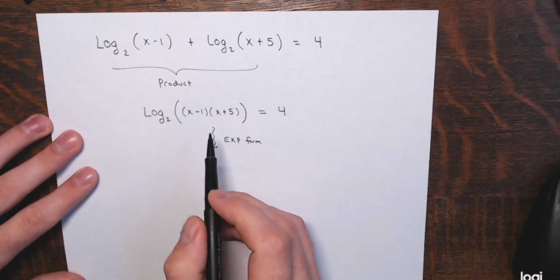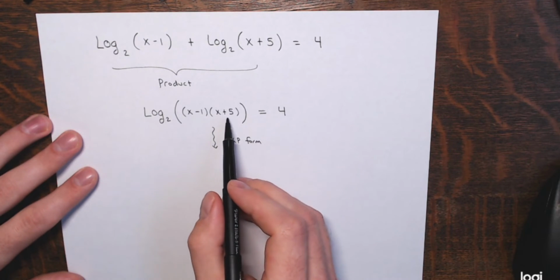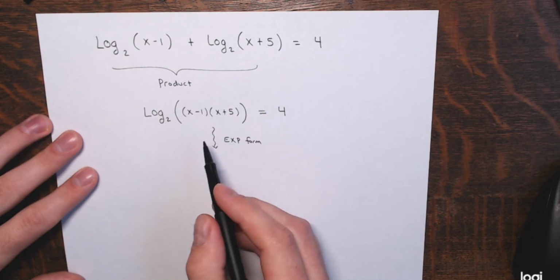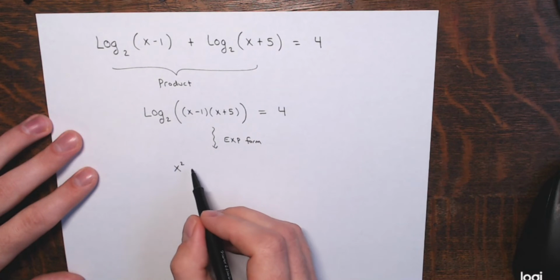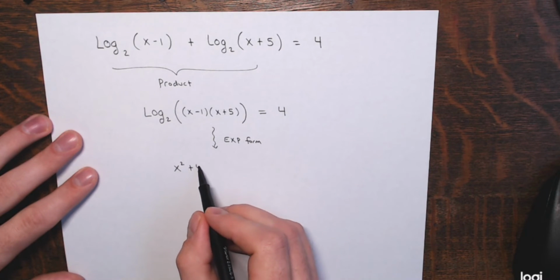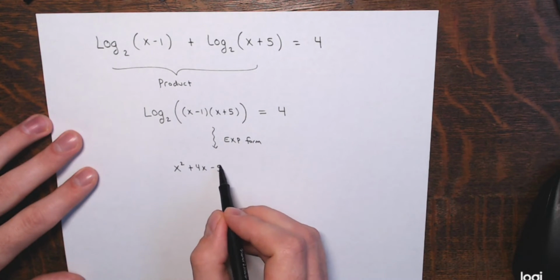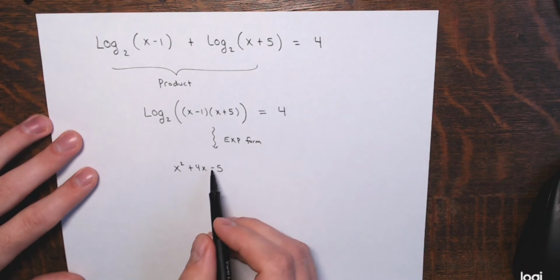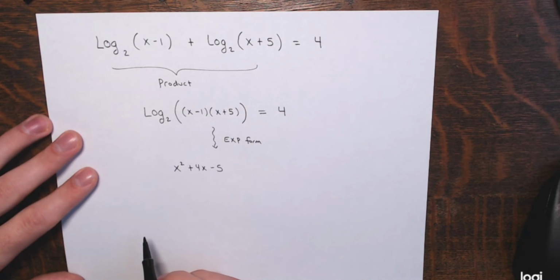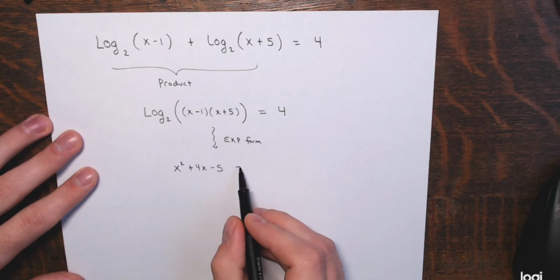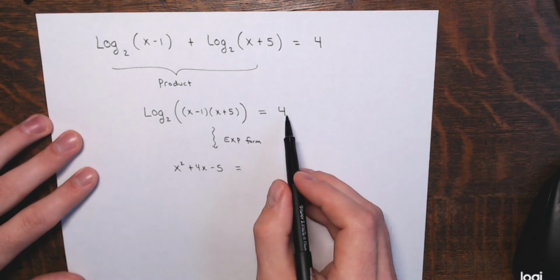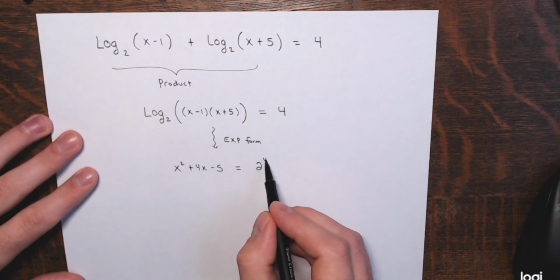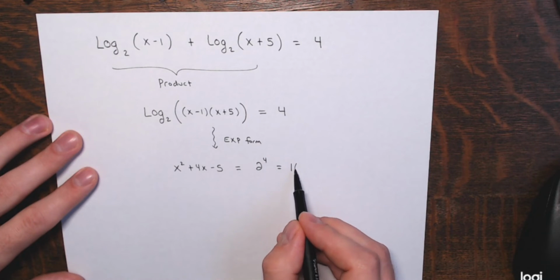Now, in exponential form, the input here, x minus 1 times x plus 5, would be x squared plus 4x minus 5. If you FOIL x minus 1 times x plus 5, you get x squared plus 4x minus 5. And this should be equal to 2 to the 4th power, or 16.